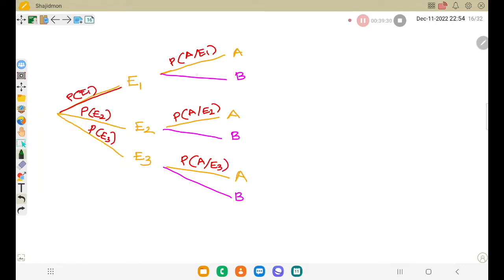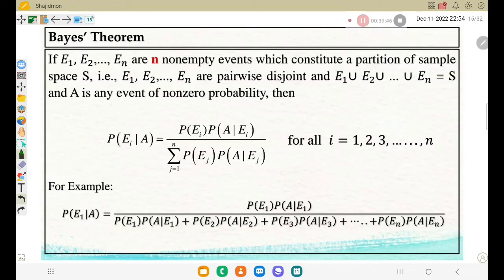Same way we can write here probability of B given E1, here probability of B given E2, and here probability of B given E3 like this. Okay. Now I am coming to the Bayes theorem.